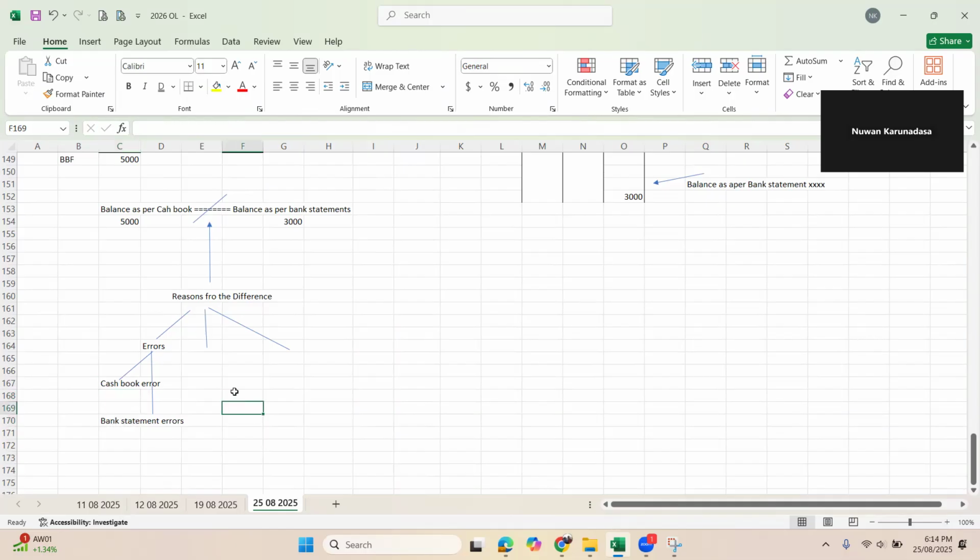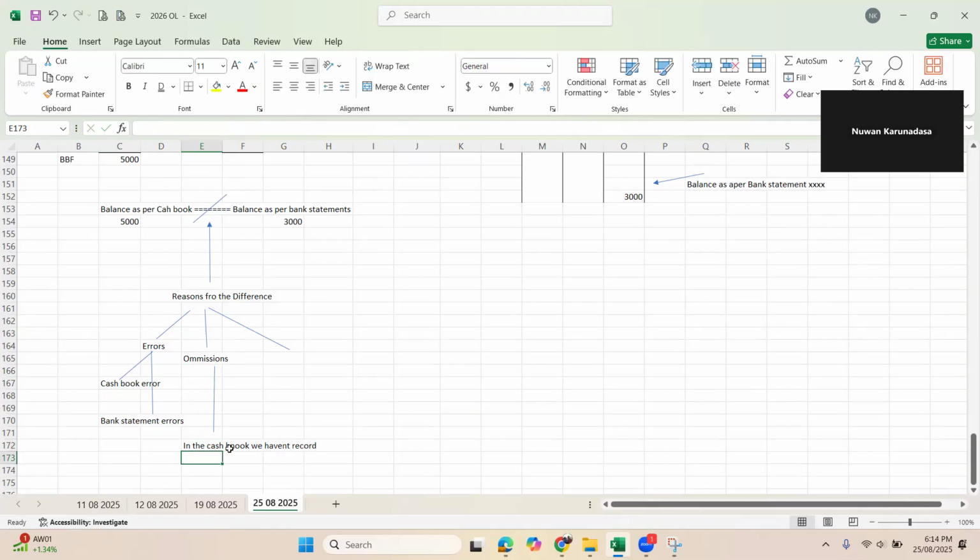Then, or else, this difference may be due to omissions. That means in the cash book we haven't recorded it.